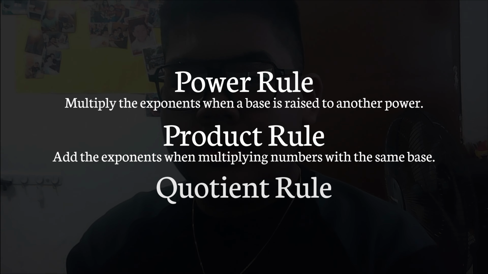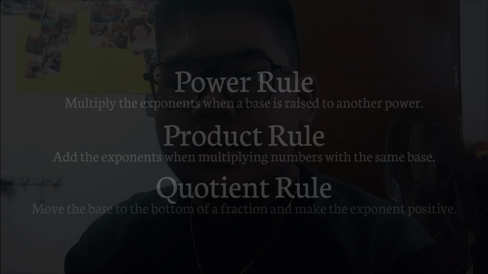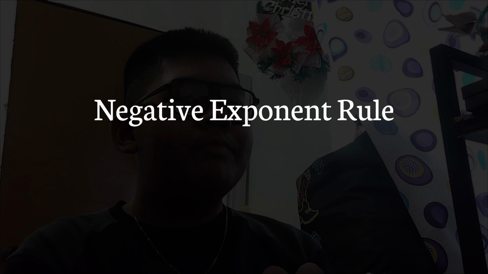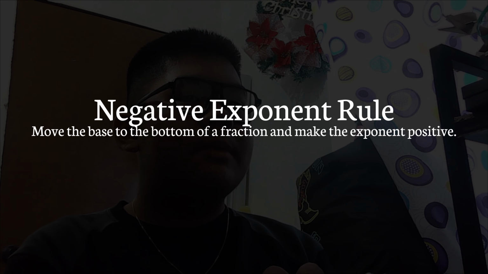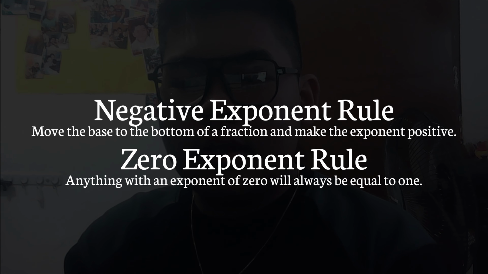For the quotient rule, you have to subtract the exponents when dividing like bases. You must also not forget the negative exponent rule, which tells you to move the base to the bottom of a fraction and make the exponent positive. And finally, the zero exponent rule. Anything with an exponent of 0 will always be equal to 1.